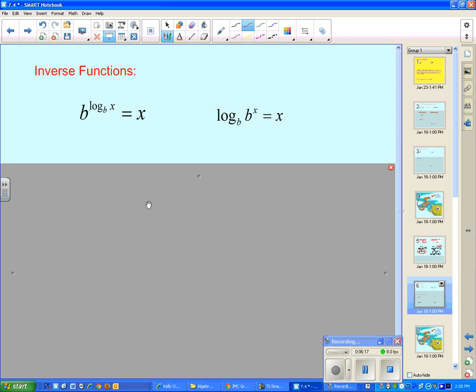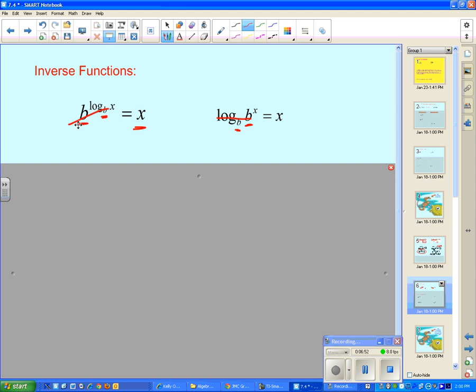The idea behind this is if you have the same base in your power as you do in your log, that all cancels each other out, and all you're left with is x. So that whole thing is equal to x. Similar is true if you have a log of a power and you have the same base on your log as you do on the power, then again that cancels out and you're left with just x.